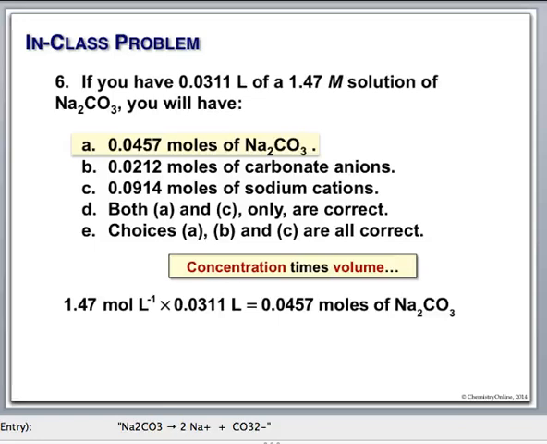For every sodium carbonate, we will have 1 carbonate bouncing around. Well, that means that carbonate has to have the same concentration as the whole of sodium carbonate, because 1 sodium carbonate is 1 carbonate. So we can say that B is not correct. This should be the same number, not half.